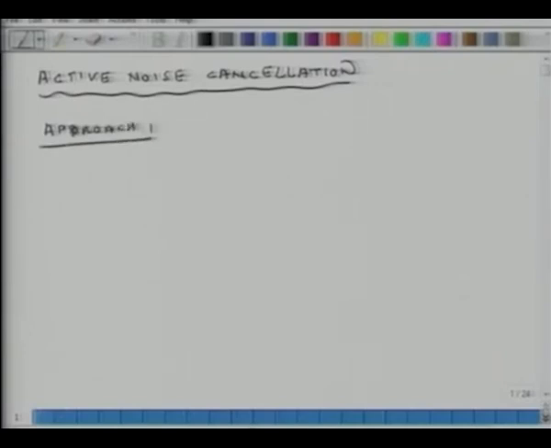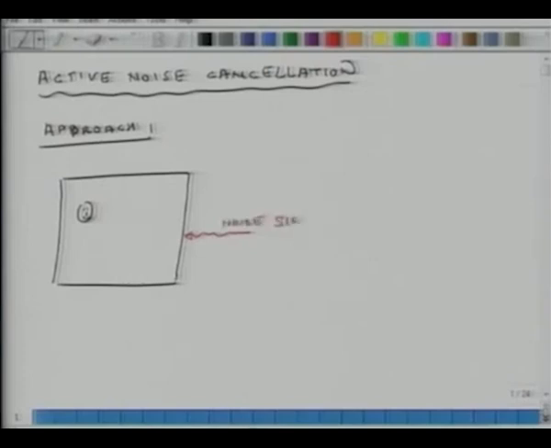In this approach, let us say I have a room, there is a listener here, and let us say noise is coming from a concentrated source. So I am getting a noise signal, and it is not coming from all sides, it is coming from a local area.